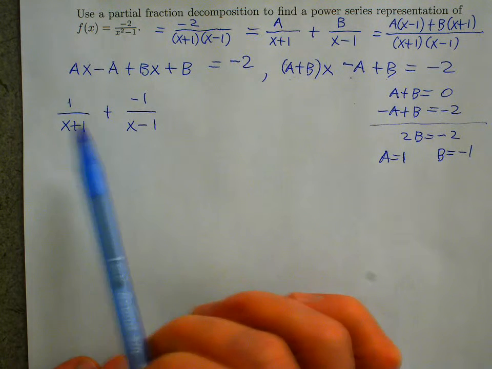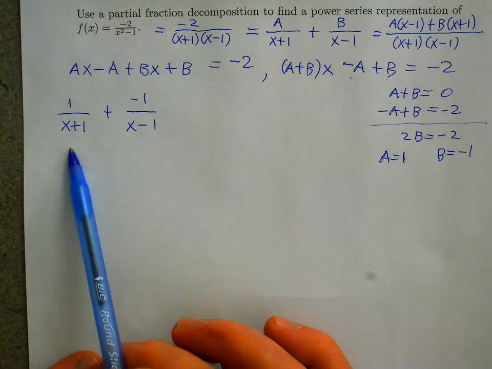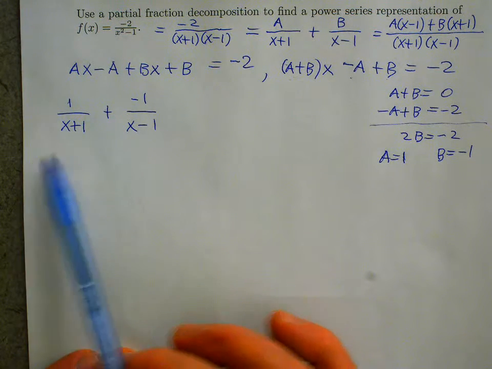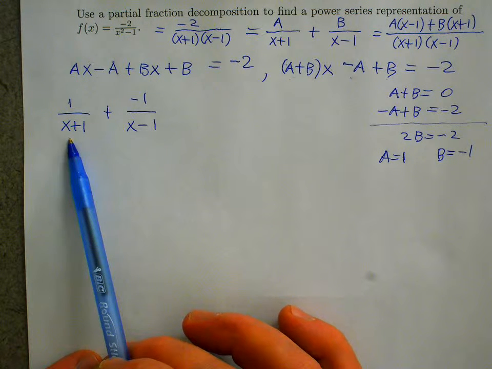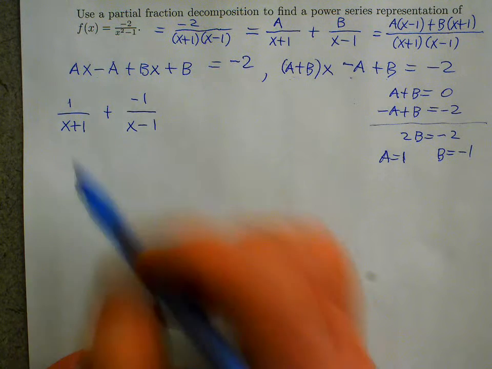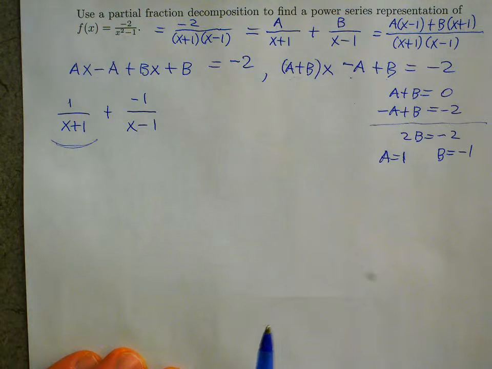A little bit earlier, we found a power series representation for 1 over 1 plus x. 1 over 1 plus x is the same as 1 over x plus 1. So we did find a power series representation for 1 over x plus 1.